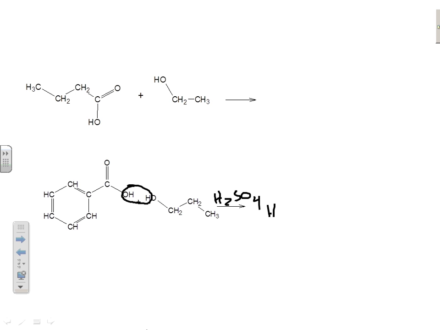We're going to have water, and I'm going to start drawing down here because this is obviously large. So I'm going to need my hexagon. 1, 2, 3, 4, 5, 6. That connected together. And I got a double bond there, there, and there.